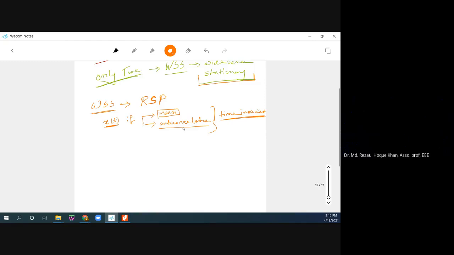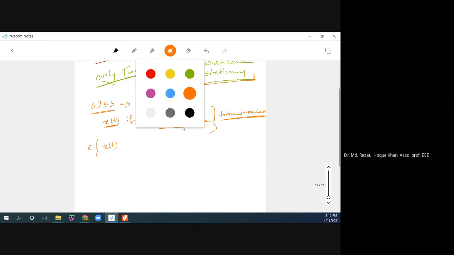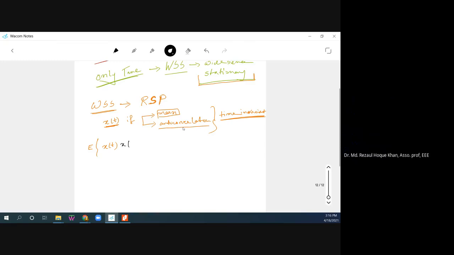So the expected value of X(t) and X(t plus tau) is what?